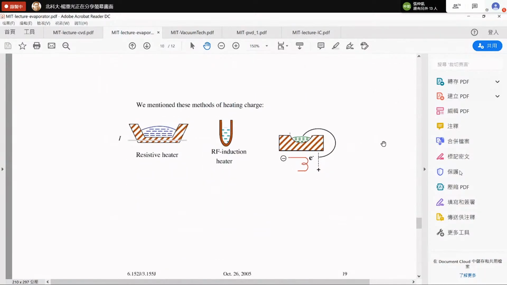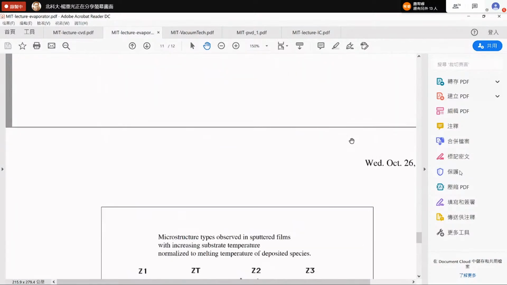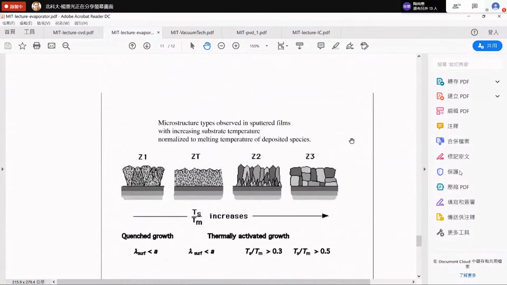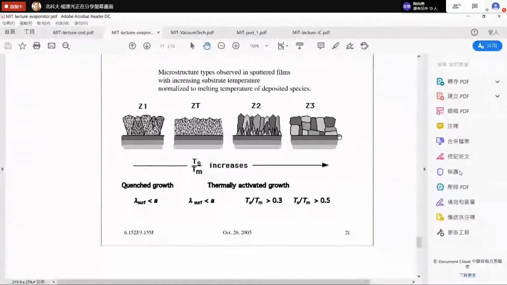So this is a heating type you need to memorize. And this is quite a good picture showing the microstructure types in the sputtered film with increasing substrate temperature. When you increase substrate temperature, you find something different.